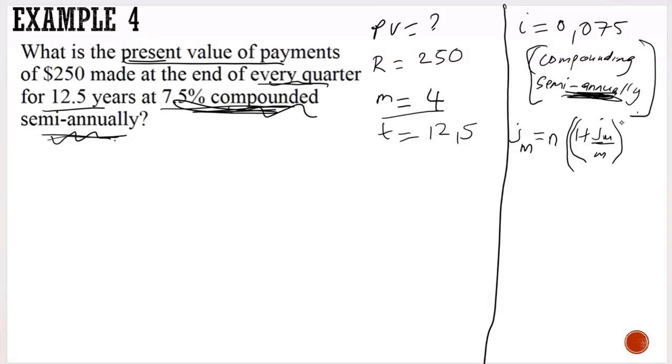This is a calculator for converting between nominal interests. You convert from quarterly to semi-annually, so you would use this formula.